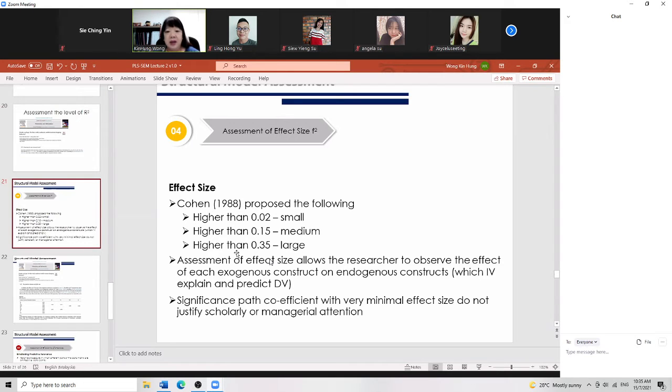All right, so this is the effect size. 0.02 small, okay, 0.15 medium, 0.35 large, okay. So significant path coefficients with very minimal effect size do not justify scholarly or managerial attention, okay. All right.